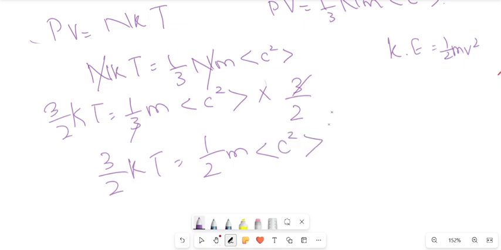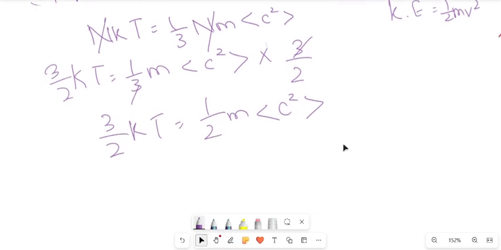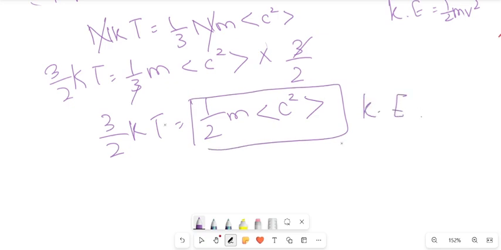Let me explain why we're doing this. Now when we get 3 by 2 KT equals 1 by 2 mC square, do you notice how this is equal to the kinetic energy? K is a constant, 3 by 2 is a constant, so what we're actually narrowing it down to is that temperature is directly proportional to Ek.